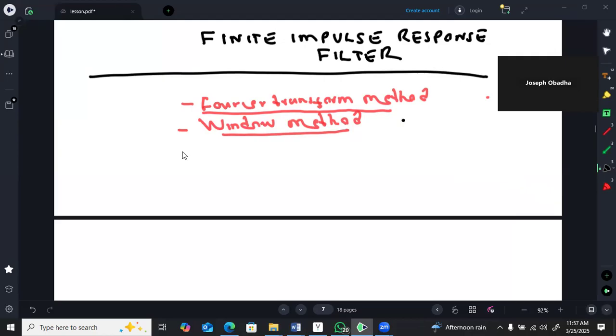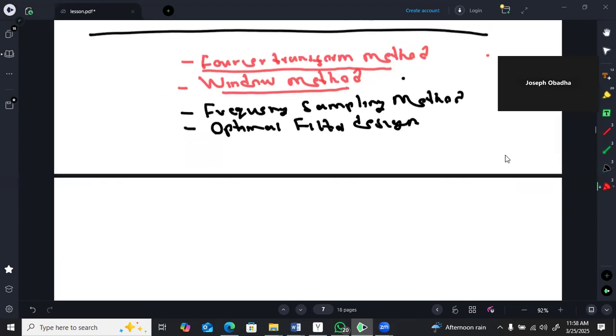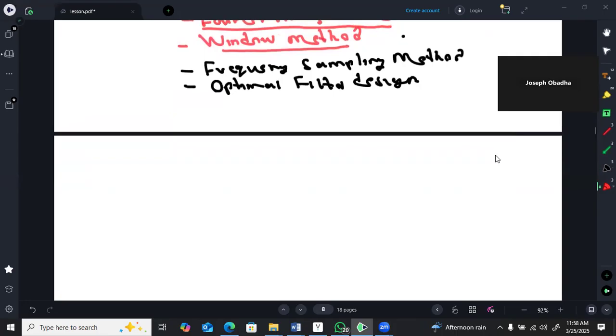The other methods, as we discussed in our previous lesson, were the frequency sampling method, and we also stated the optimal filter design. So I will move ahead with the discussion of the window method of designing the filters.